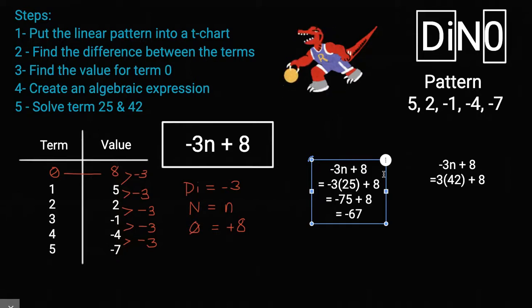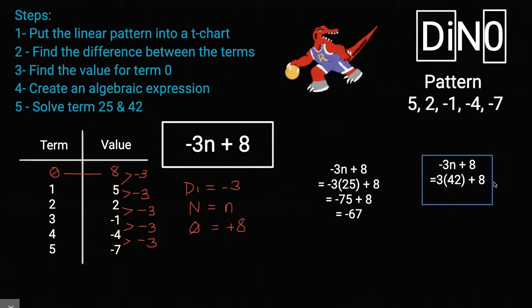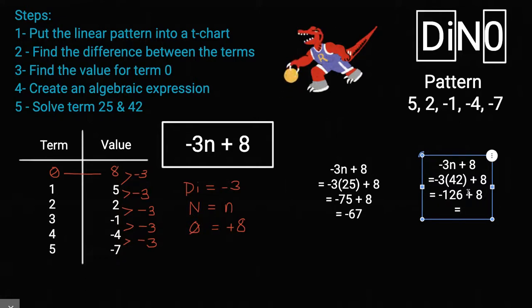But I did that. Okay, so negative 3 times 42 plus 8. So negative 3 times 42 is negative 126. Plus 8 is equal to negative 118.